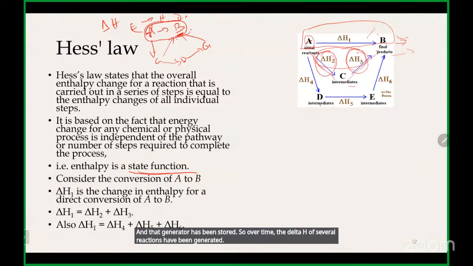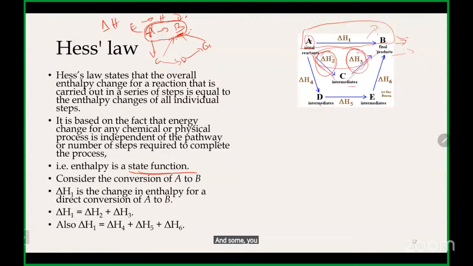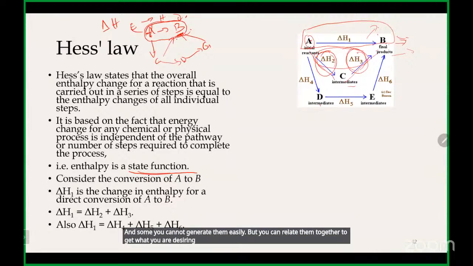Some you cannot generate easily, but you can relate them together to get what you're desiring. So it cuts down on the number of experiments to do, rather than starting from scratch again. Again, your delta H1 is also equal to the sum of delta H4 plus delta H5 plus delta H6.